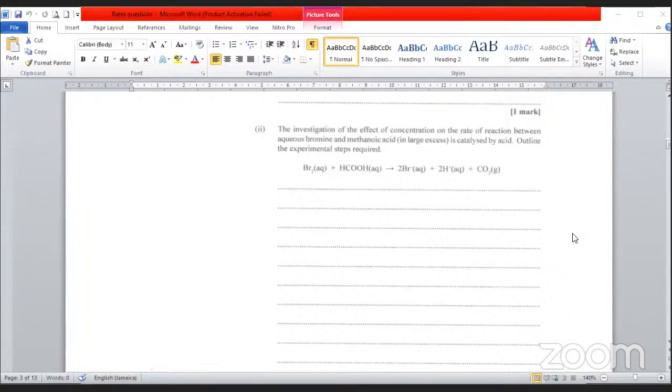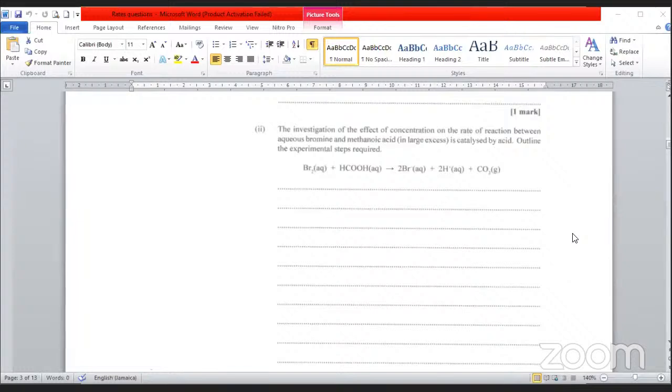Now the aqueous bromine is reddish brown, and we know that. Based on this equation that they've given us, the concentration of the aqueous bromine is going to decrease during the course of the reaction. Because the aqueous bromine is colored, the intensity of the reddish brown color can be followed by a colorimeter at suitable time intervals.